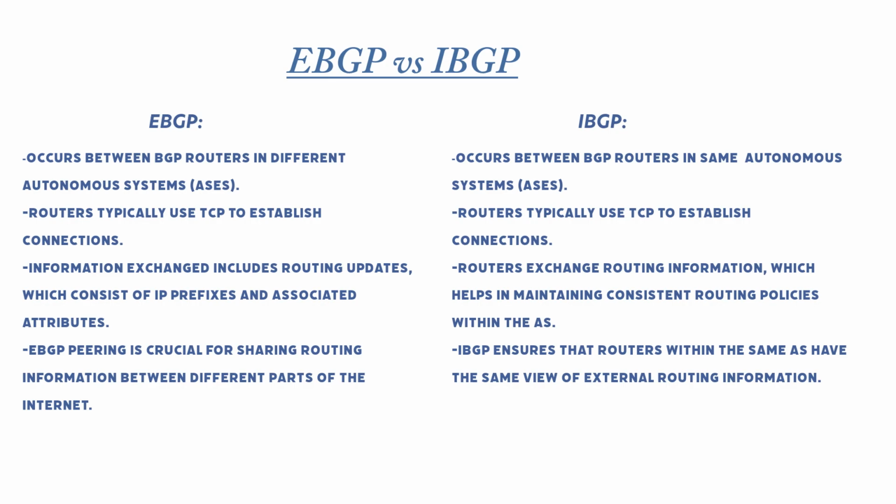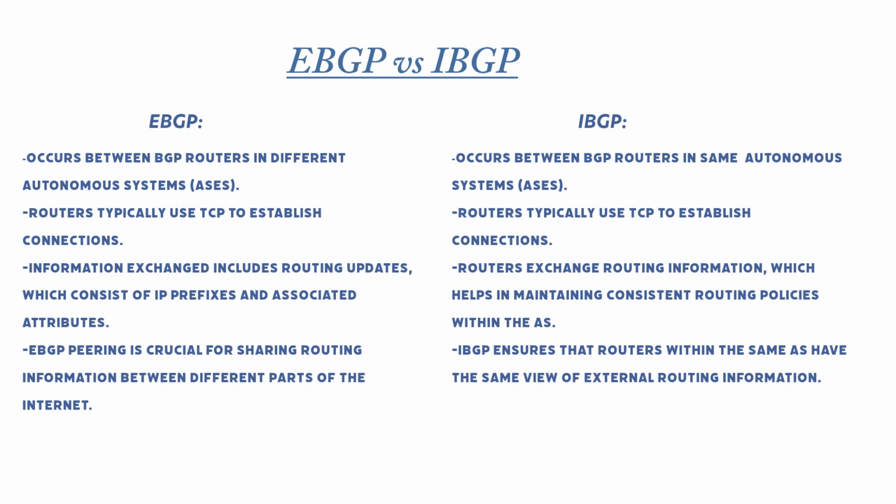Once the TCP connection is formed, the route updates are exchanged, which consist of IP prefixes and the associated attributes of those prefixes. eBGP is very crucial for sharing routing information between different parts of the internet. It helps you know about the different routes you can reach on the internet, by sharing all the information from other ASs to your AS, so your AS knows how to reach any other AS in the entire world.